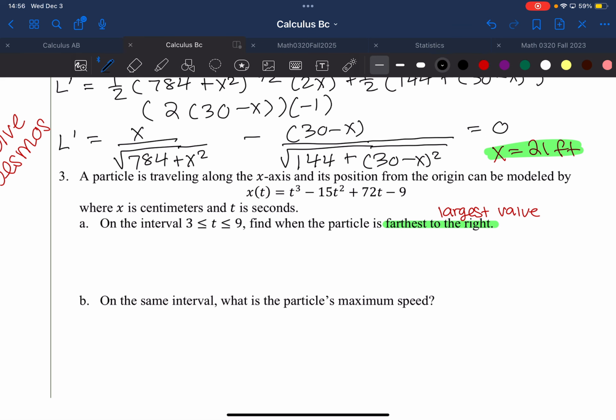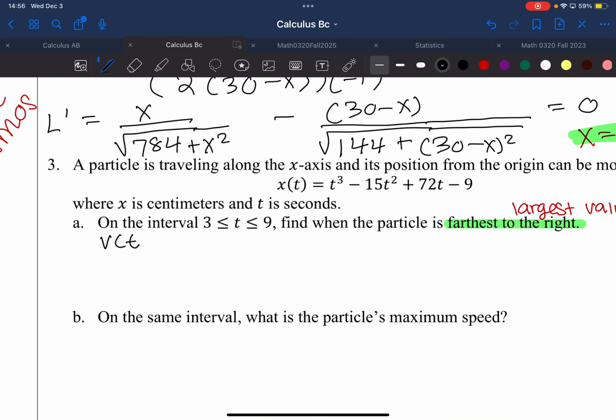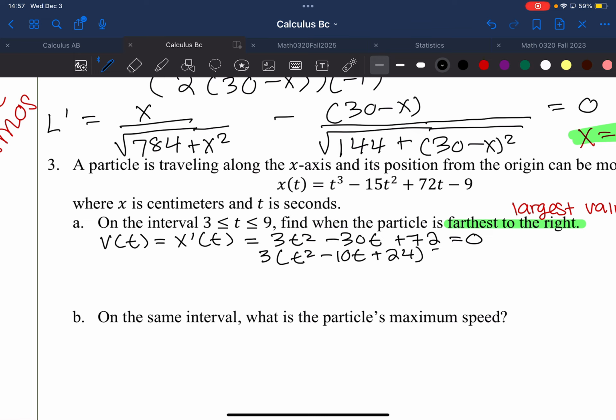Okay, so we're going to say v of t is equal to the first derivative of the position function, and that gives us 3t squared minus 30t plus 72, and then we set that equal to 0 to find potential critical points. Before I factor this, I can take out a GCF of 3, and I'm left with t squared minus 10t plus 24 equals 0.